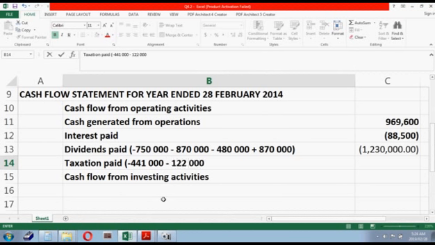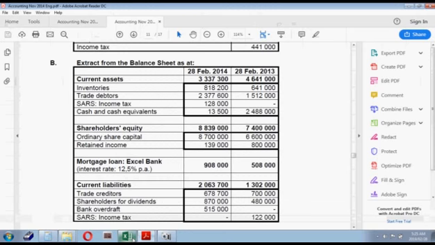And now we look at the situation at the end of this financial year. So if we go back to the extract of the balance sheet, at the end of this financial year though, SARS basically owes us. Okay, so usually if we owed SARS at the end of the financial year, it will work like dividends. We will add back the amount, but now it's the opposite situation.